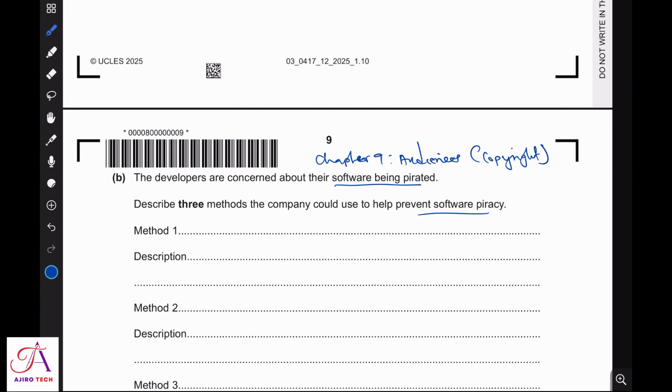Okay, talking about software copyright. If you're wondering what I'm talking about, software copyright and piracy. Okay, piracy. Did I spell it well? Okay.